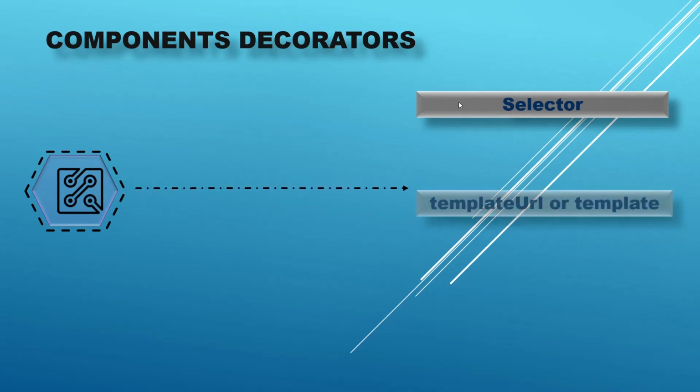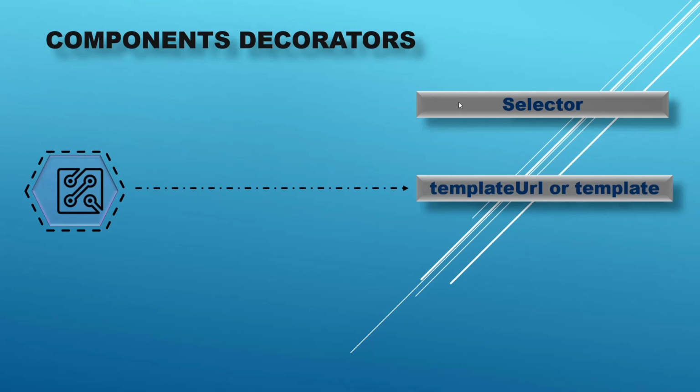Then the component will have templateUrl or template. In that TS file you will see one templateUrl or template. The templateUrl will automatically create a link to the HTML file in the TS file, so by default it will have the HTML file link there.